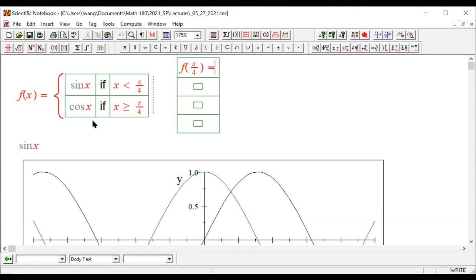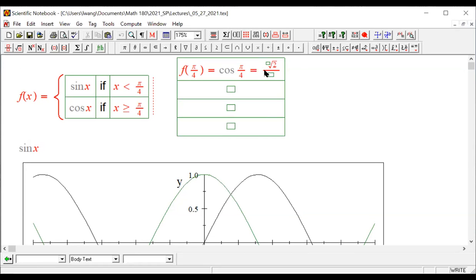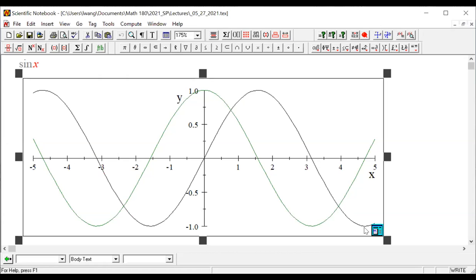At pi over 4, we're going to use cosine of pi over 4, which is equal to, what do you guys know the value? Yeah, radical 2 over 2, right? So at pi over 4, root 2 over 2. It's on the cosine curve.